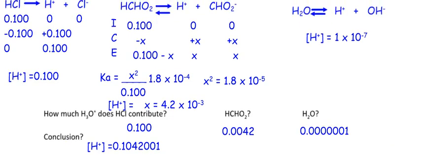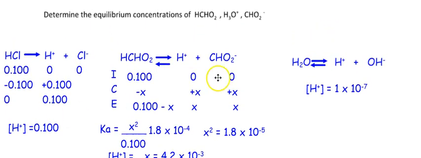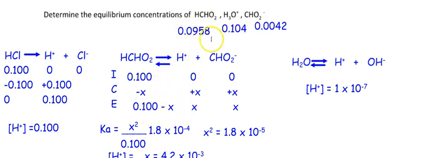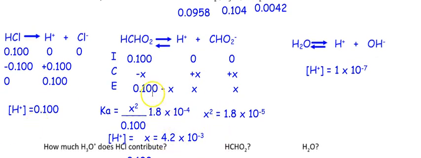We should probably go ahead and answer the rest of the question. What's the equilibrium concentration of the formic acid? Well, 0.100 minus X is 0.0958. So I just took this number minus my X value. So 0.1 minus this value right here will give me this value.